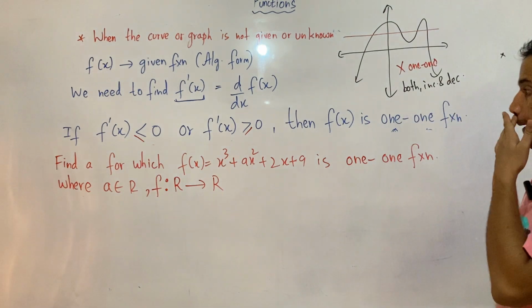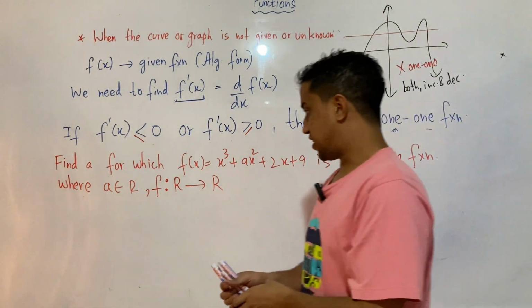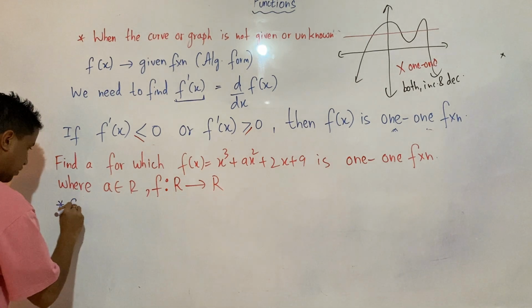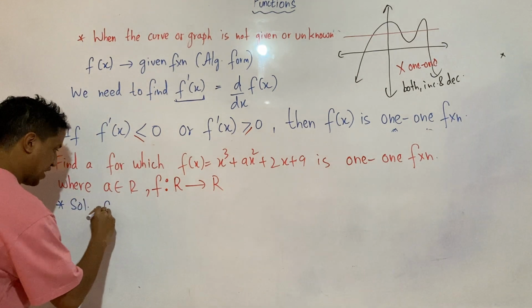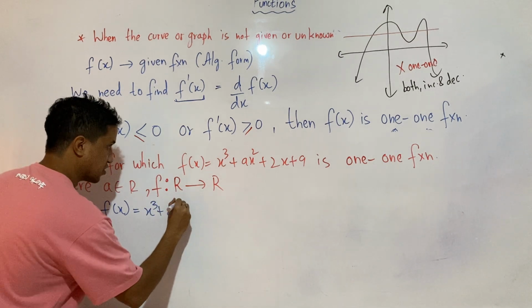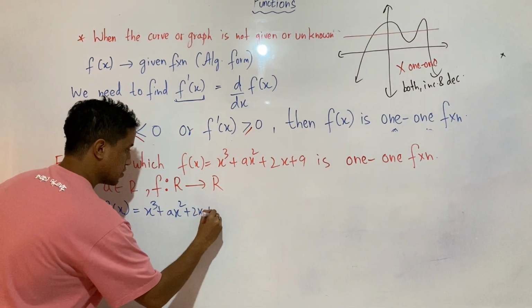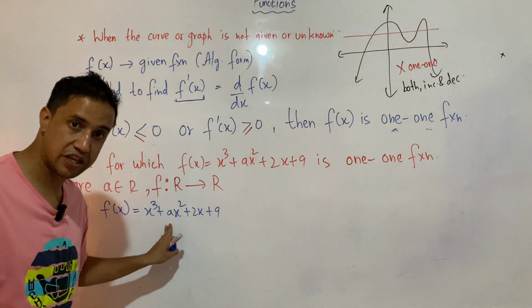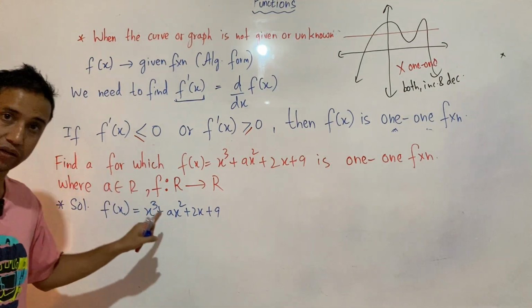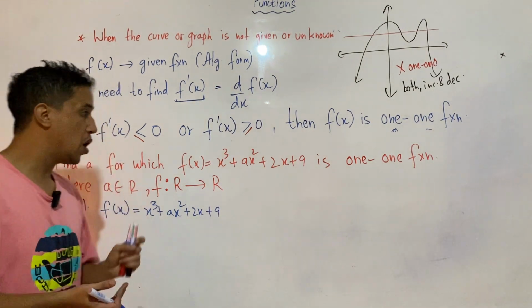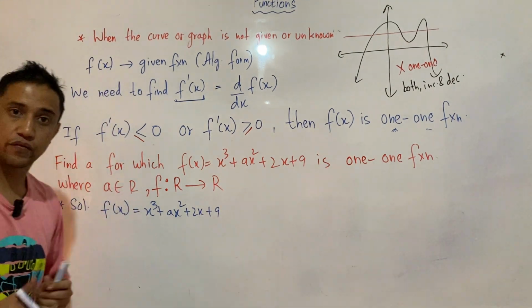What's given to us is this function f(x) = x^3 + ax^2 + 2x + 9. The graph is not given, the graph is unknown, I cannot draw the graph of this. So what could be the right way to find the value of a?